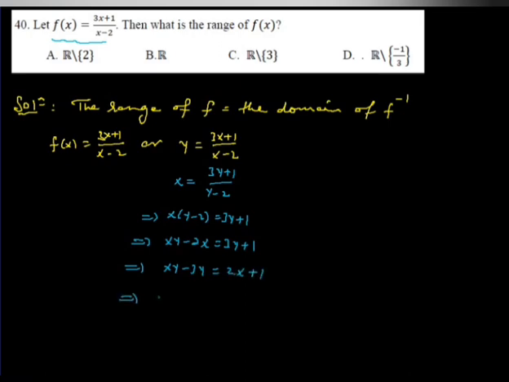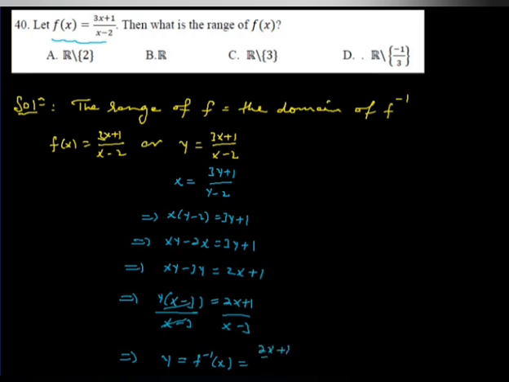Factoring out y, y times (x minus 3) equals 2x plus 1. Dividing both sides by x minus 3, you get y, which is f inverse, equals (2x plus 1) over (x minus 3).